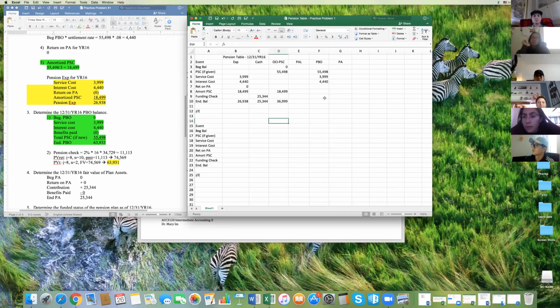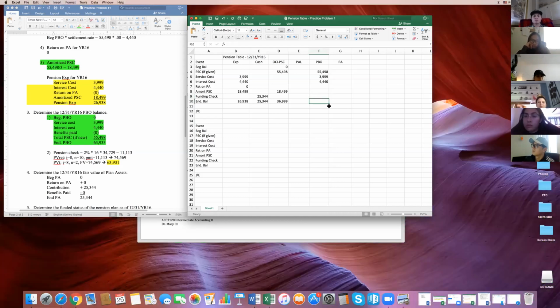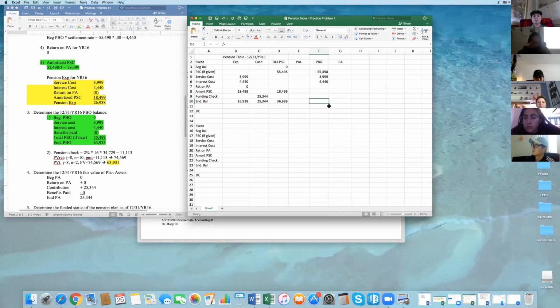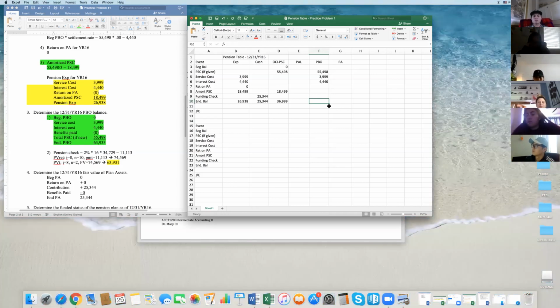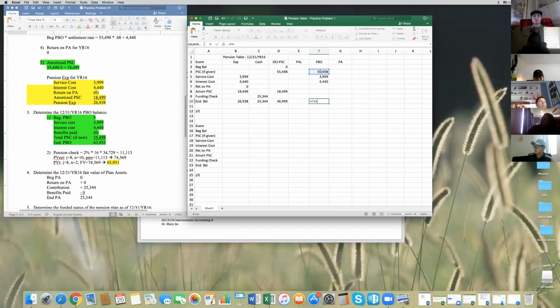Yeah, funding check is 0. Not the funding check, but benefits paid, we don't see a case where benefits paid will be accounted for later on. But now, ending PBO balance will be prior service cost plus service cost plus interest cost.